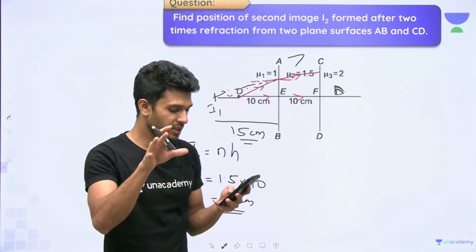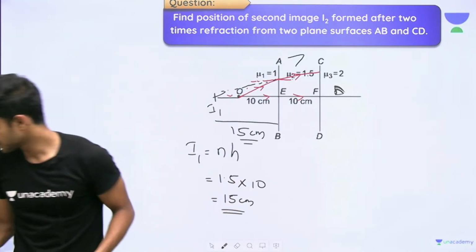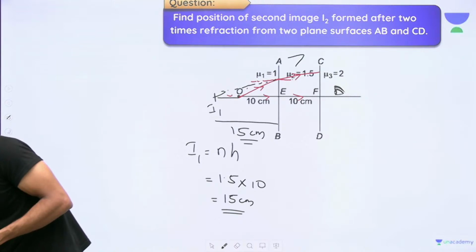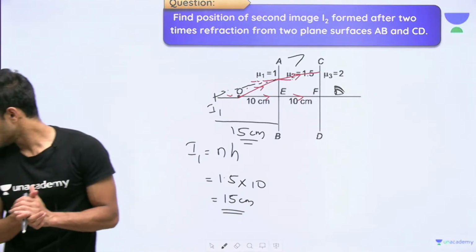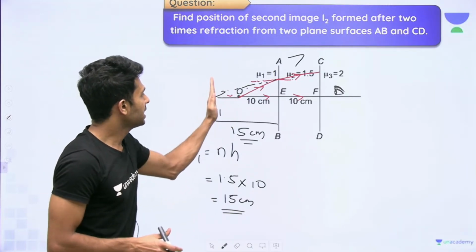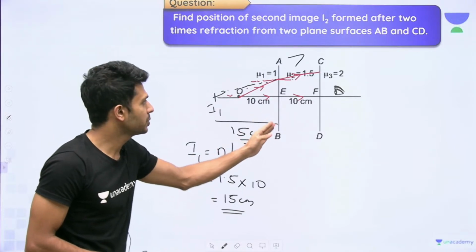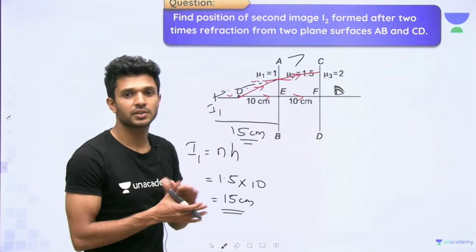Left of AB, 15 centimeters, yes. Very good, Anna. I1 will be the object. Very good. So the image formed after the first refraction is going to act as the object for the second surface.